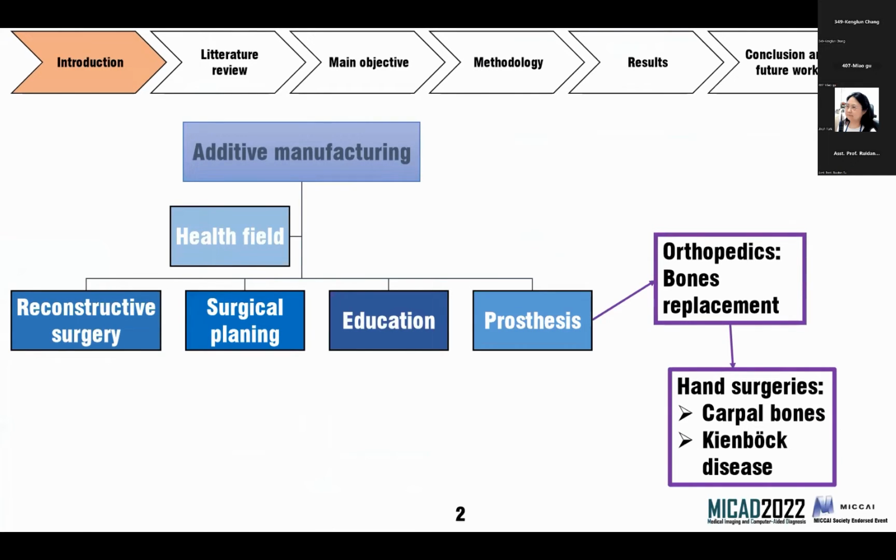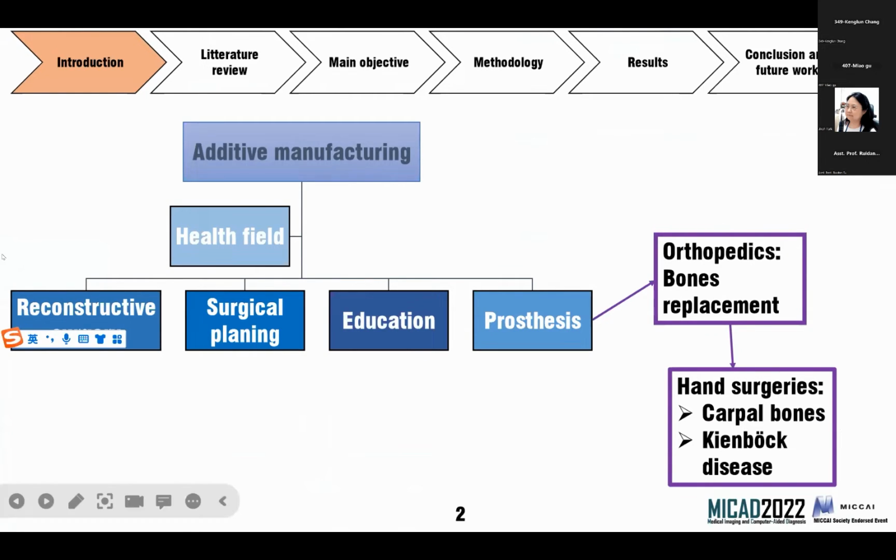To put you in the context of this work, I'll start with a general introduction. So additive manufacturing, also called 3D printing, has multiple applications in the health field. Given the example of reconstructive surgery, surgical planification, education, and prosthetic creation.